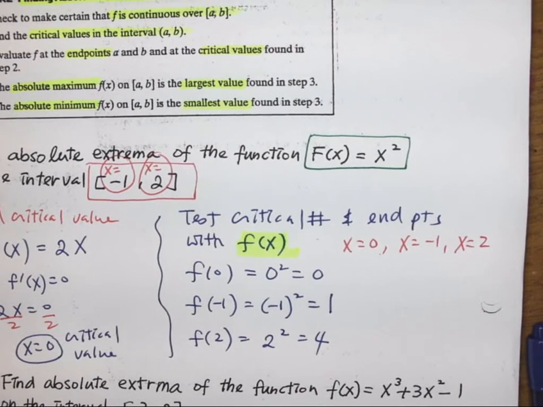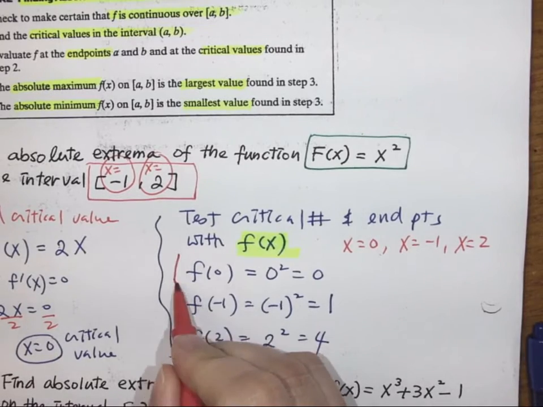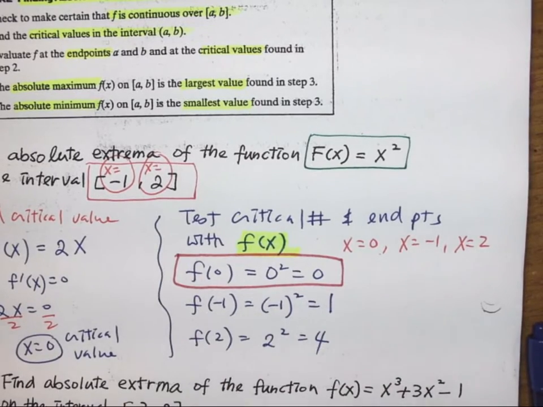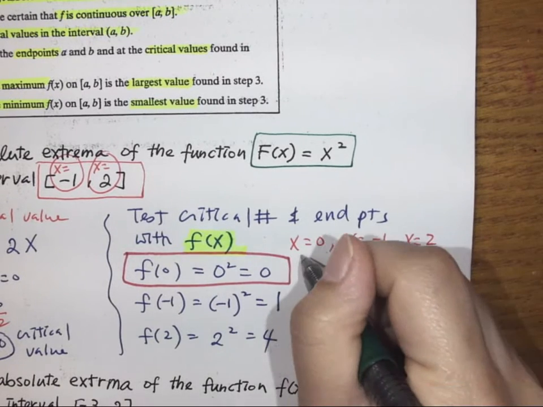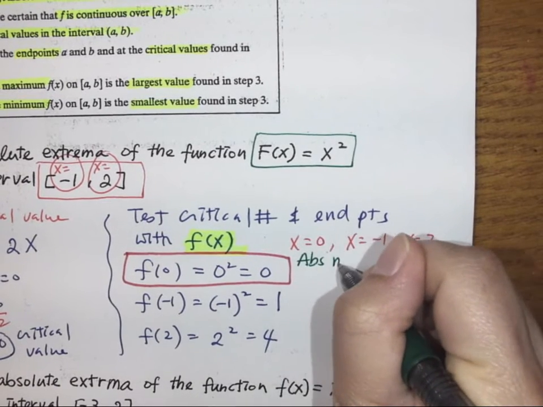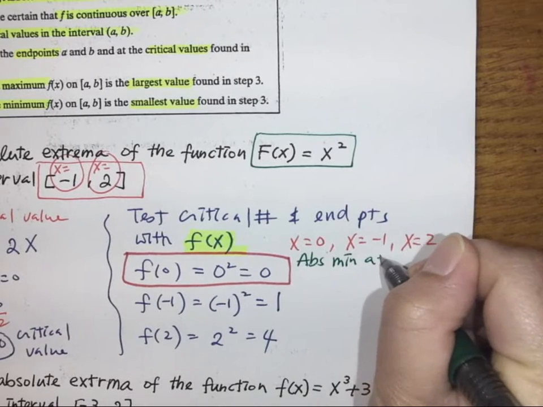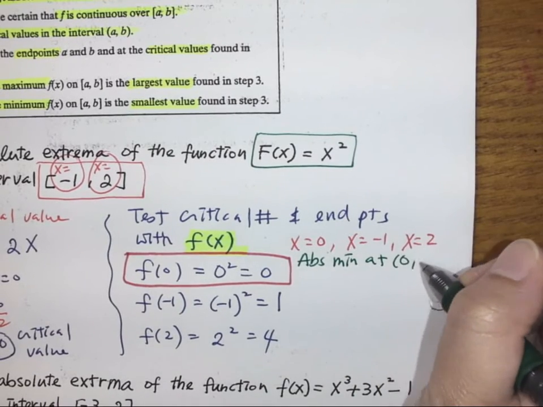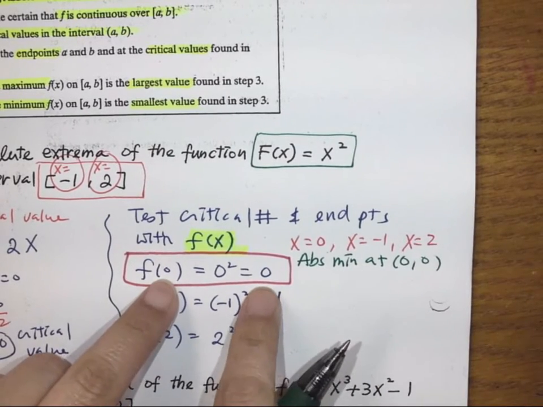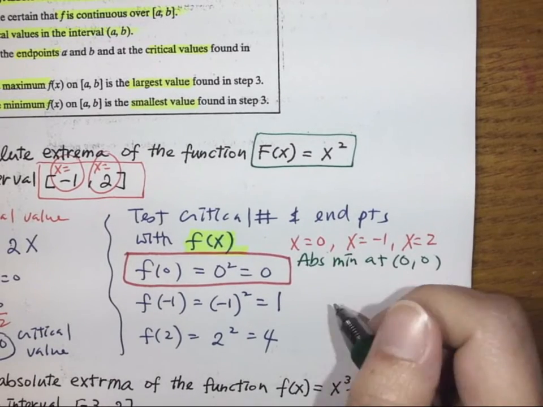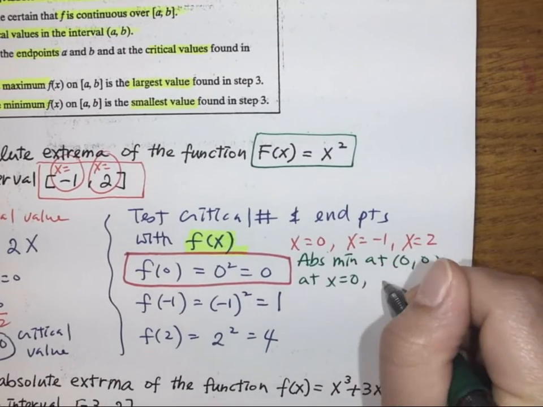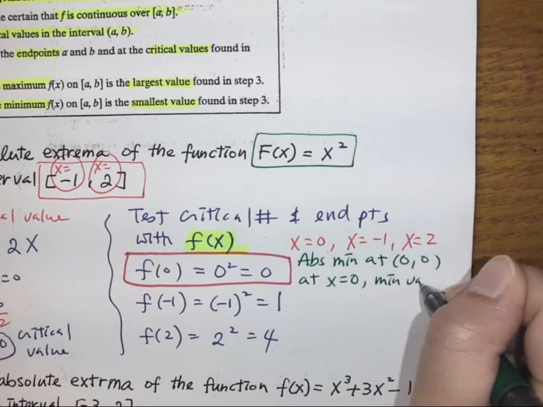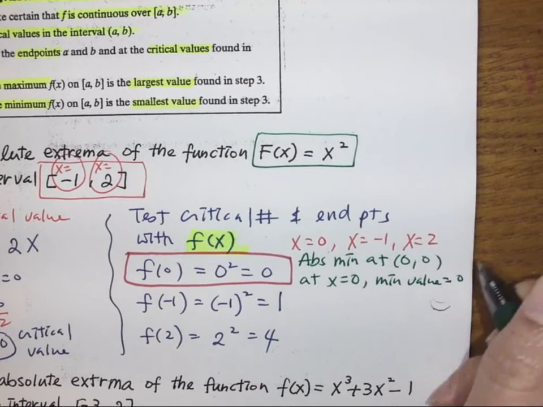Which one is the smallest? This one is smallest, so I'm going to say that's my absolute minimum. So absolute minimum at the point (0, 0), x equal to 0, y equal to 0, right? Which is located at x equal to 0 with the minimum value equal to 0, right?